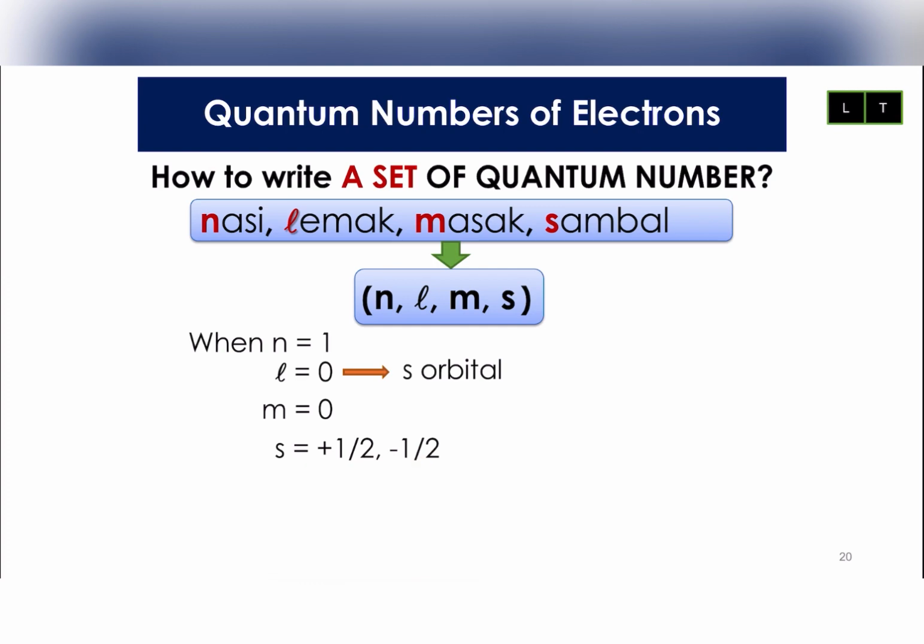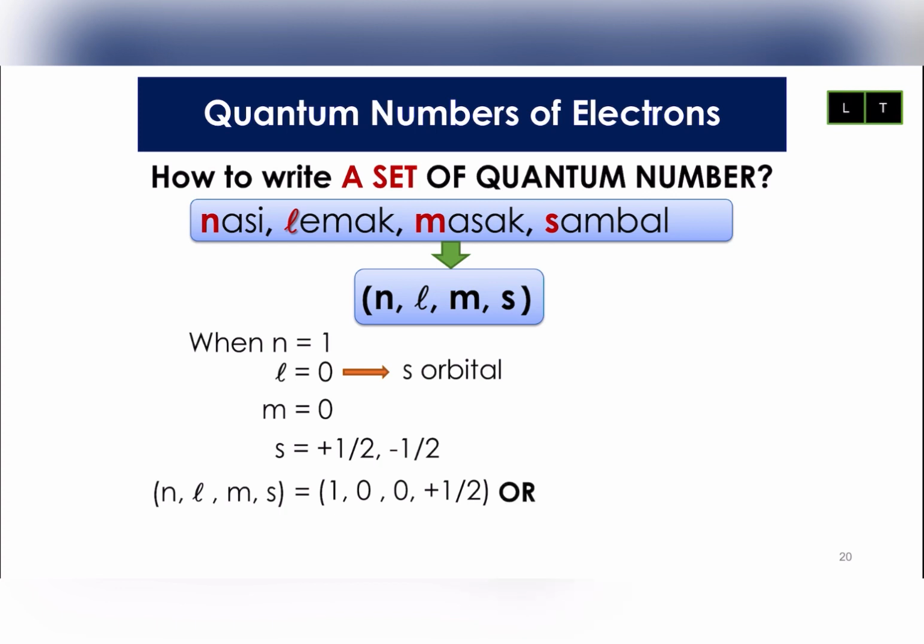So how do you write a set of quantum numbers based on these values? I'm going to write down my first one, NLMS equals, using the values from here: 1 for n, 0, 0, and positive half. But we have one more, which is negative half.